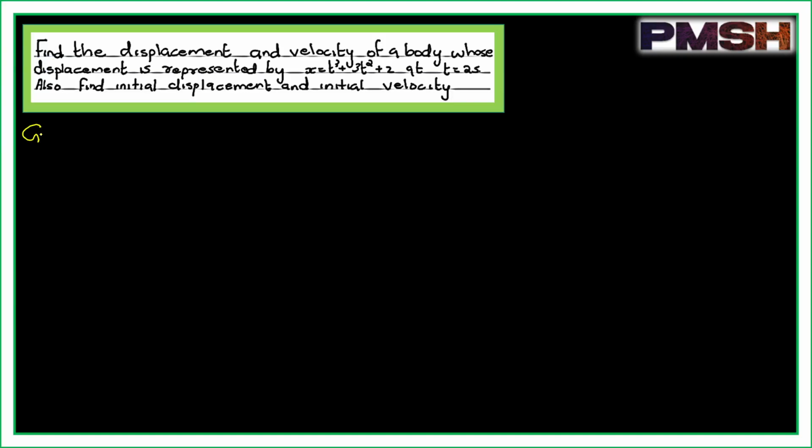Okay, so what is the given data? Whenever you get a physics question, you first write the given data. They have given you the expression for displacement, that is x = t^3 + 3t^2 + 2. Clear? Now you want to find the initial displacement and the initial velocity.